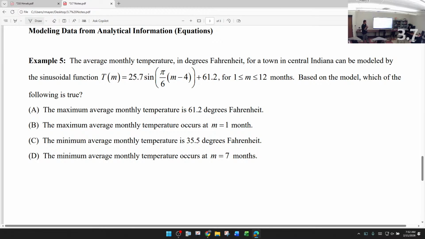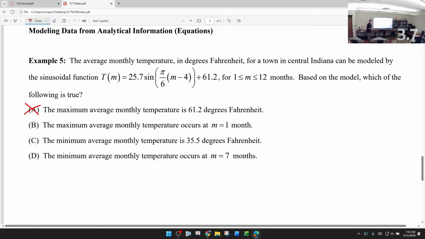The maximum average monthly temperature is 61.2. I don't think the max is going to be 61.2 because 61.2 is the midline. It's the shifted up. I don't even know what this looks like, but we know that 61.2 is where this thing moved up to, and that's my midline, and there's no way that could be a max.